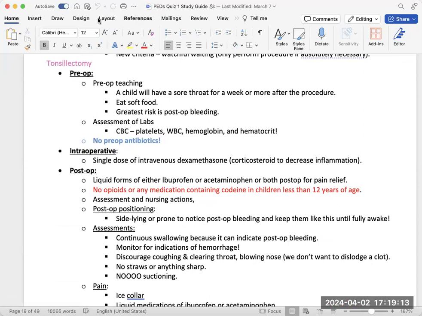Like my cousin is 19 now, but she actually had a tonsillectomy because she was getting so exposed to strep infections that she needed to have one. It could have been detrimental to her health. So there's no age maximum, but I would definitely say around preschool age, so like 6 to 12 would probably be where this sort of occurs.